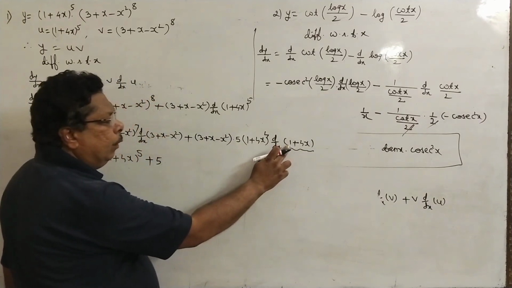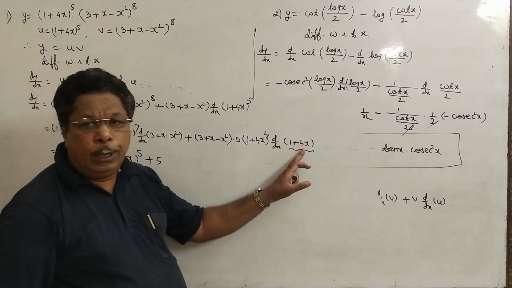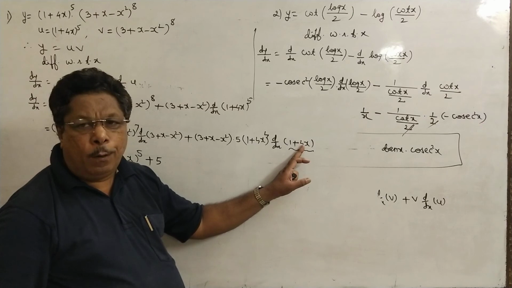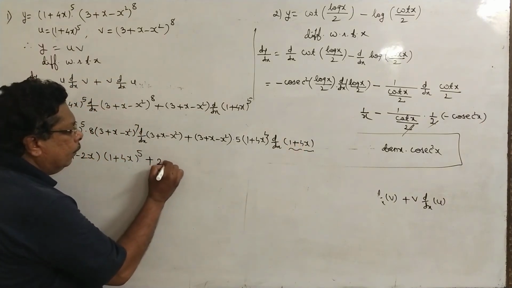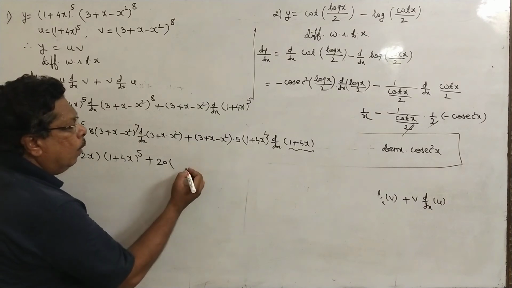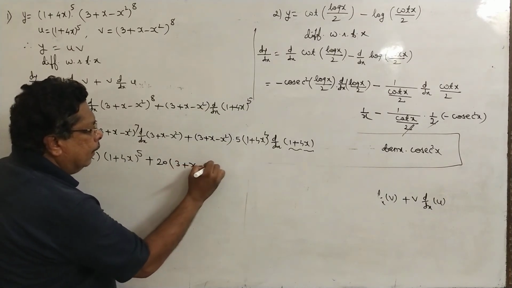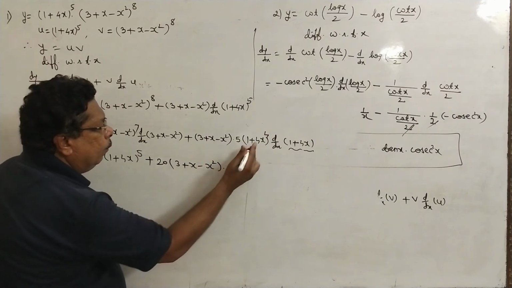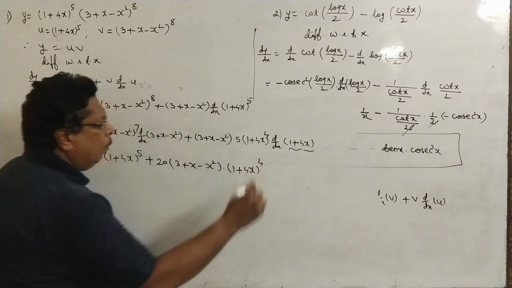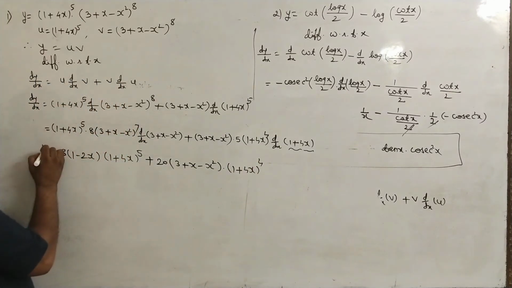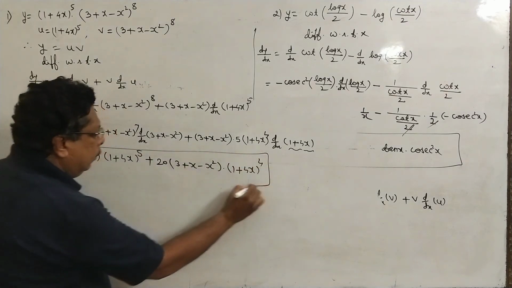The derivative of 1 is 0, 1 is a constant. The derivative of a constant term is 0. The derivative of 4x is 4. 4 into 5 is 20. So 20 into 3 plus x minus x square into 1 plus 4x raised to 4, which is the required dy by dx of the third one.